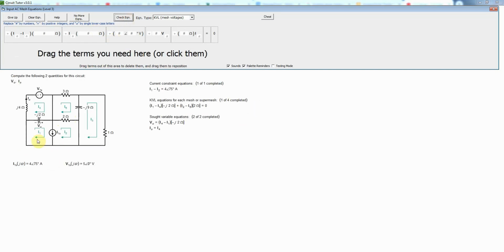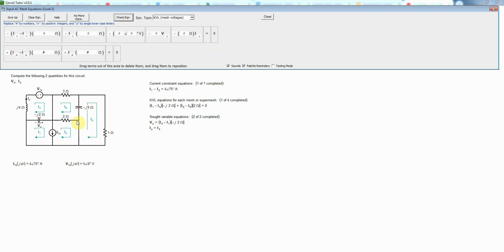Okay, so now having done the super mesh for meshes 1 and 2, now we go to mesh 3. Mesh 2, of course, by itself we can't do, for the same reason we couldn't do mesh 1, and we don't need to. So now in mesh 3 we just have two elements. One has two mesh currents and the other one has only one non-reference current. So we will need a term like that and a term like that, and they will sum to 0.